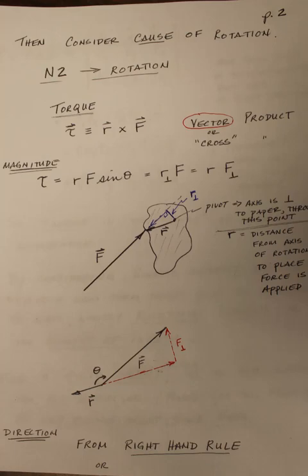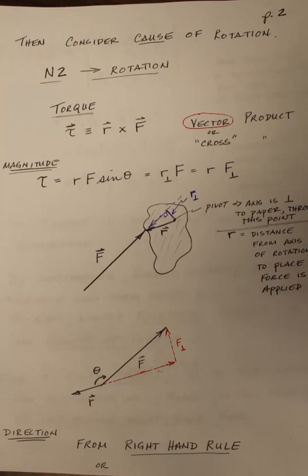Now to find the magnitude, we can look at this a couple different ways. A definition says that it's the radius, the distance from an axis of rotation to a place where the force is applied, times the force, times the sine of the angle between them when you line them up tail to tail.